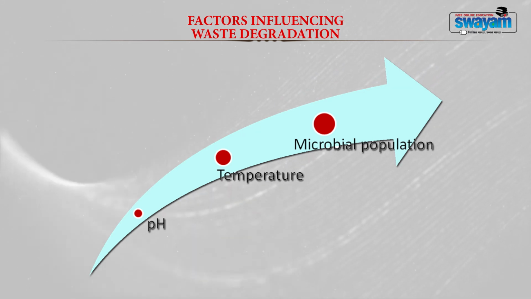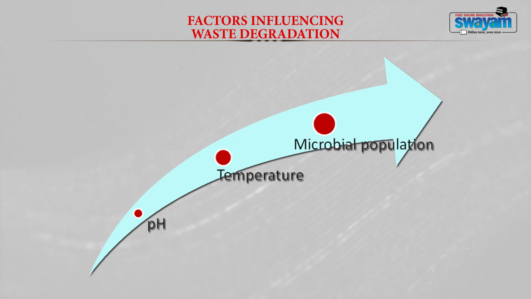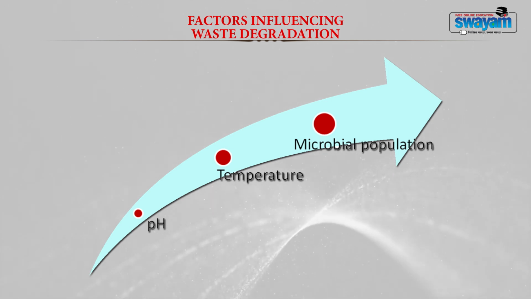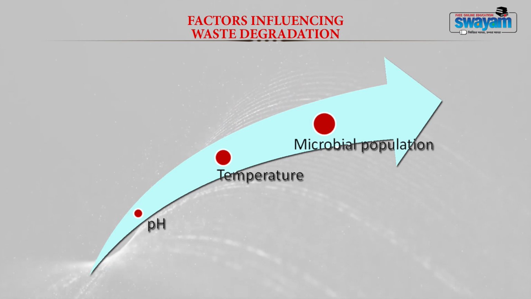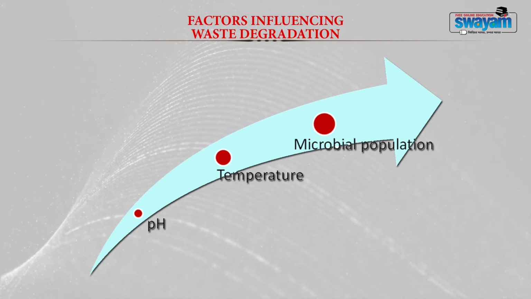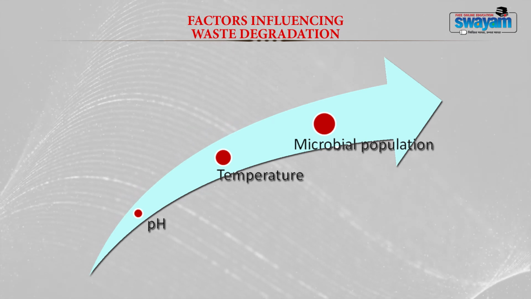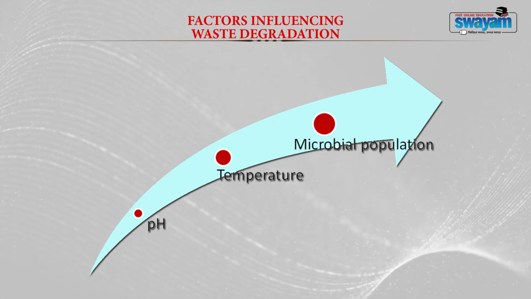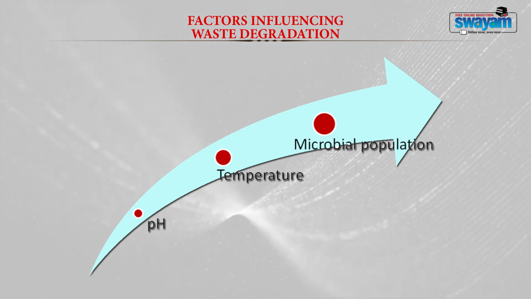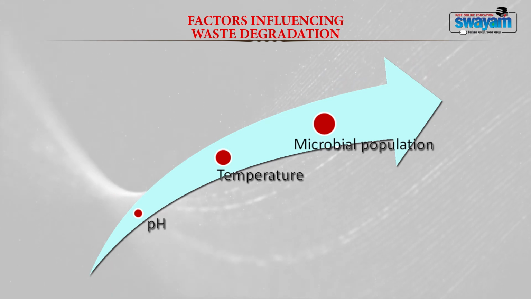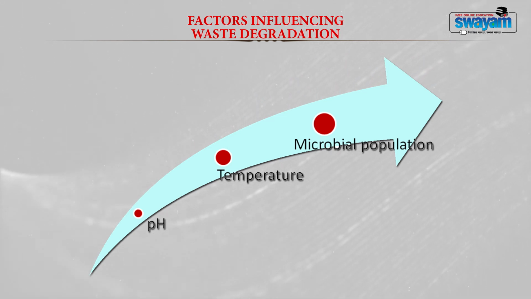For example, for the methanogenic bacteria, the pH should be around 7.8 to 8.5. If the pH goes below this, then the methanogenic bacteria will not be there and methane production will not occur. Likewise, during the acidogenic phase, or the production of organic acids, the pH drops even below 3.5 or 4. This is again important for the growth of acetogenic bacteria. So, pH overall plays an important role.